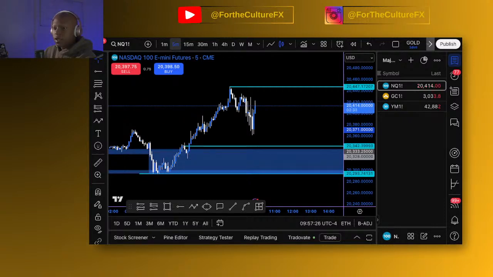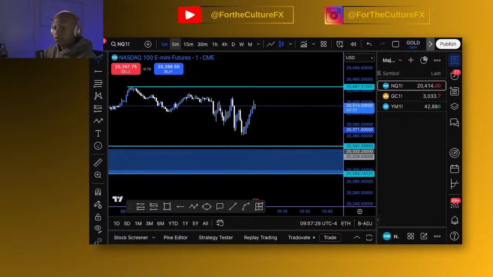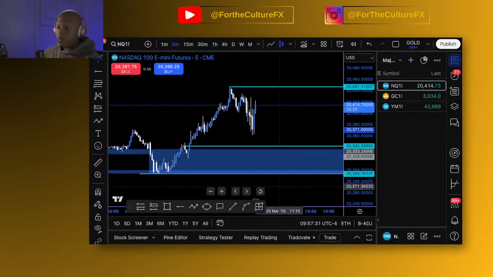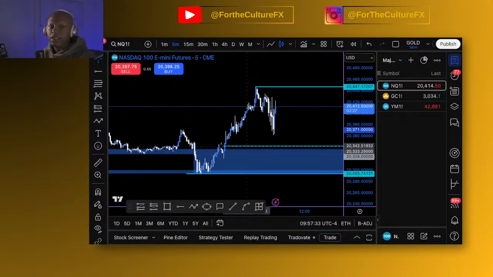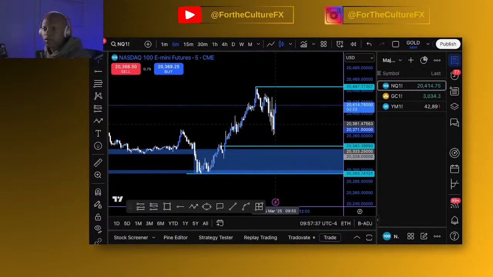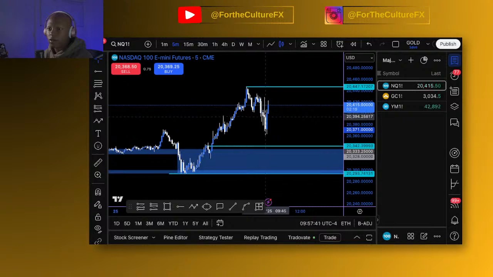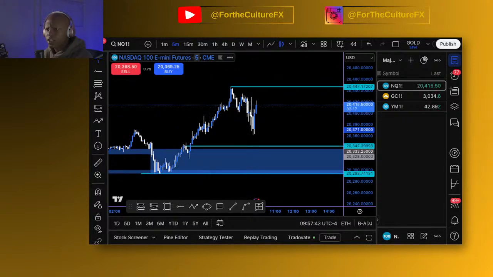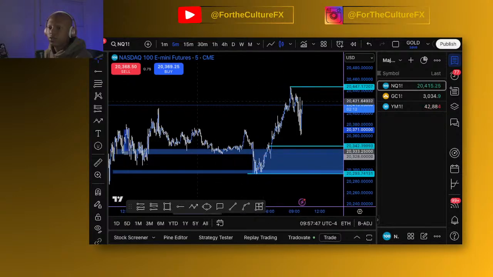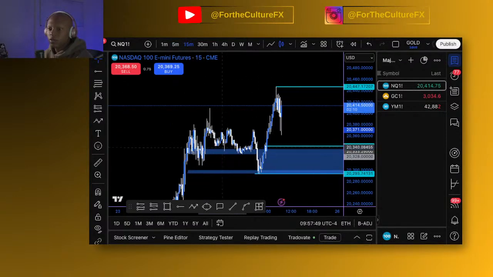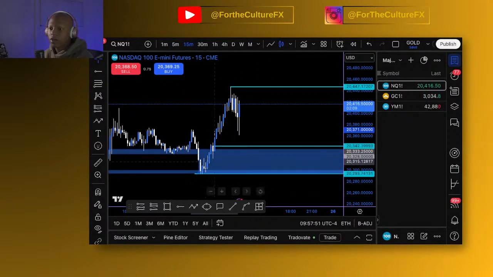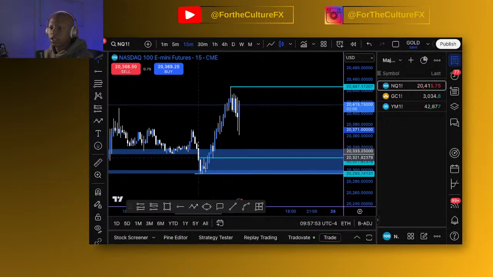And why I wouldn't just take an entry from this current 5 minute candle from this level, even though we've gotten a bullish 5 minute candle closure or bullish engulfing 5 minute candle closure, is because price hasn't tapped into my premium zone, right? So if we were at this low here and price closed as a 5 minute bullish candle, then I would be looking to take buys from our premium zone.